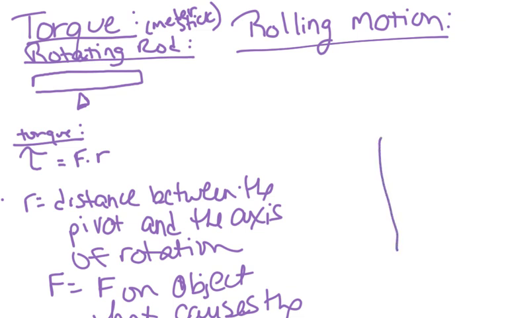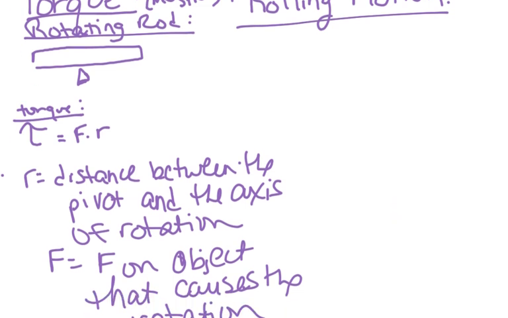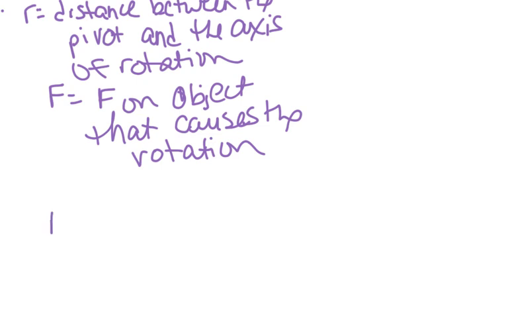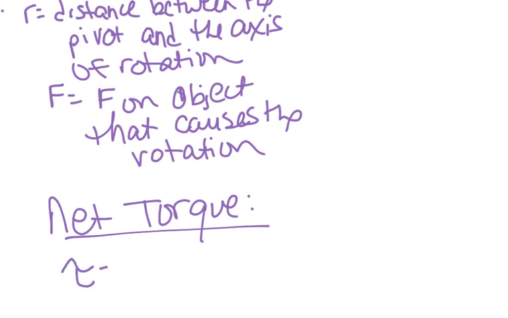If we're talking about a net torque on a system, just like with net force where it's mass times acceleration, the net torque is the rotational inertia times the angular acceleration.